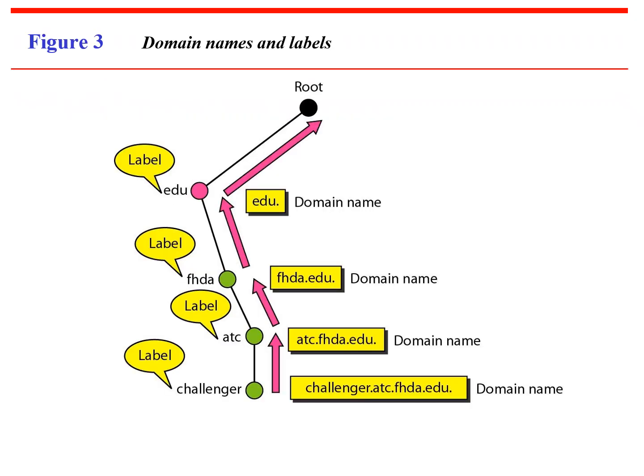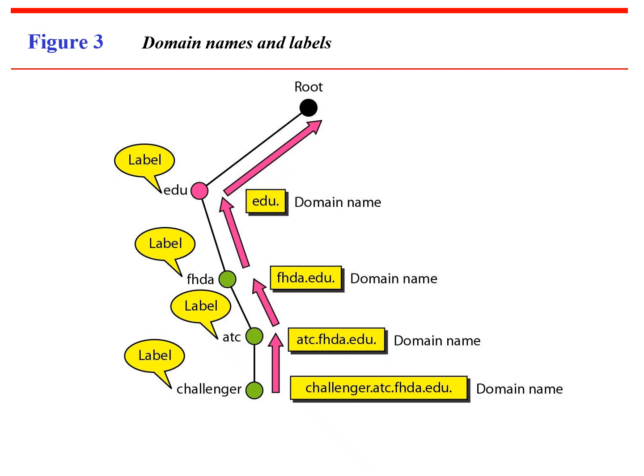Here they have shown an example of domain names and labels. For example, let us check challenger.atc.fhda.edu. We have various labels. Challenger is one label, atc is one label, fhda is one label, edu is one label.